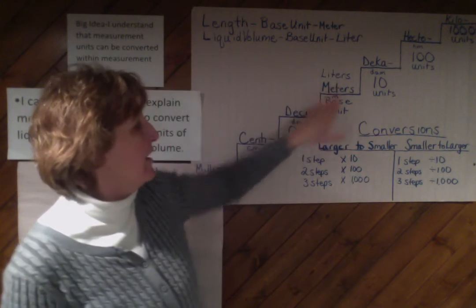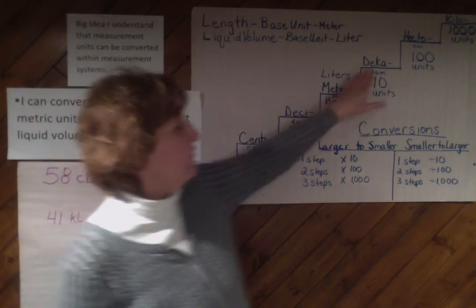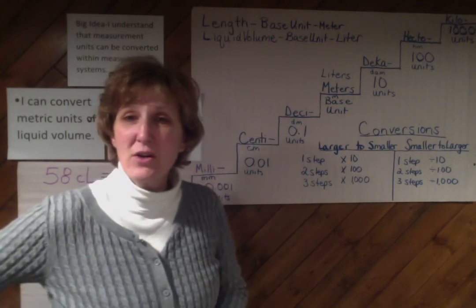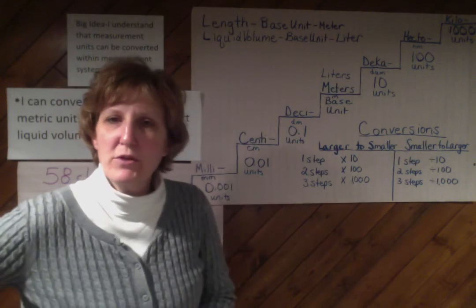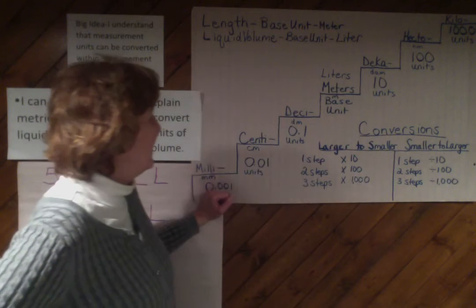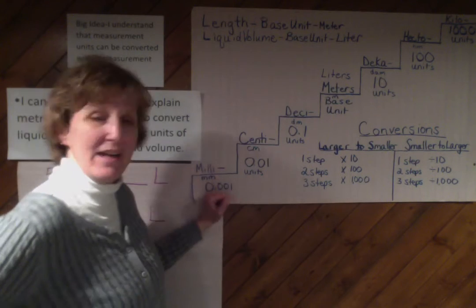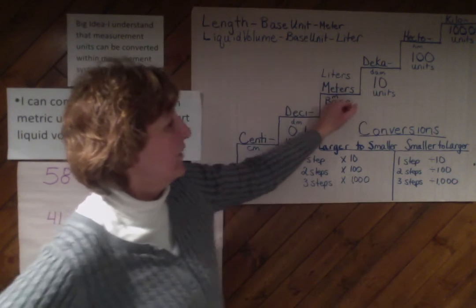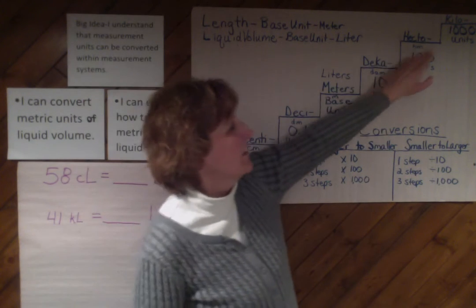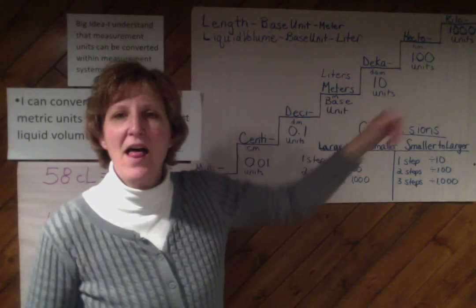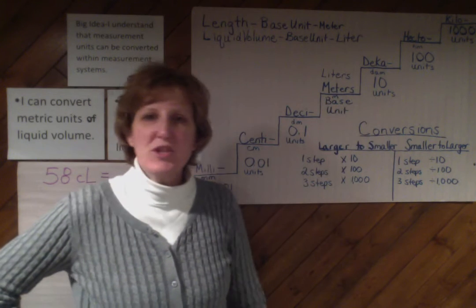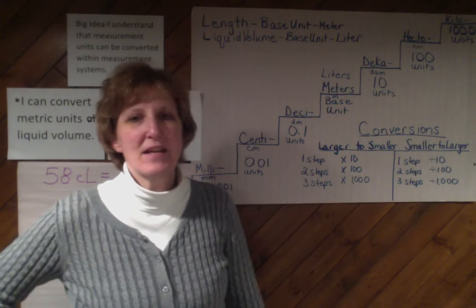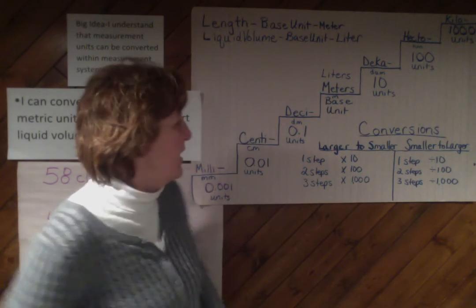But if you notice, all of the other prefixes that come before liter stay the same as when we were doing length. So rather than a millimeter, we now have a milliliter, a centiliter, a deciliter, a liter, a dekaliter, a hectoliter, and a kiloliter. It's all going up steps, just like when we worked with the lengths. So if you understood the lengths, today's lesson is going to be pretty easy for you, I would hope.